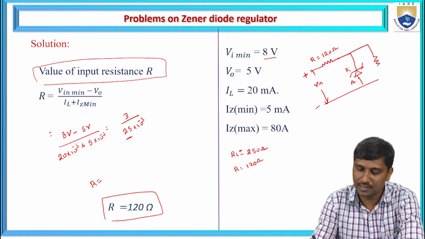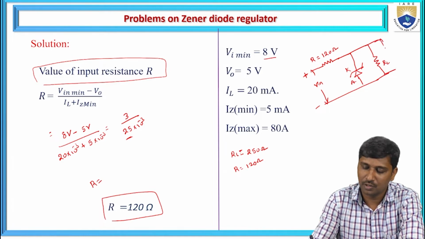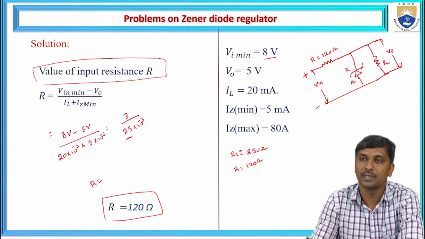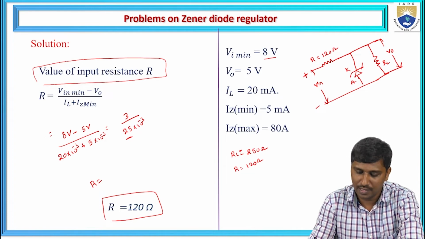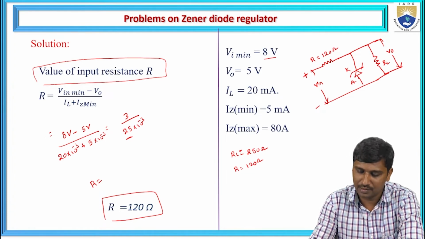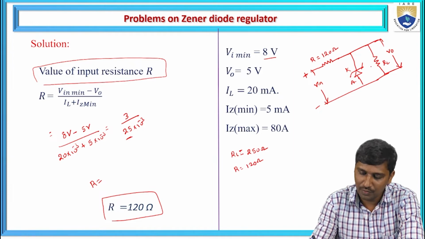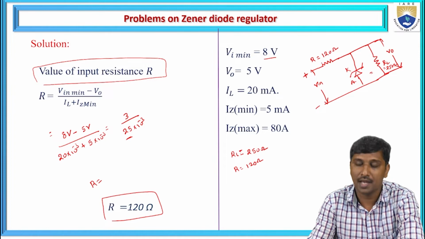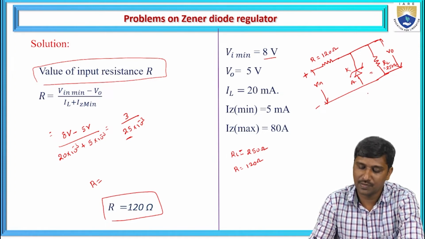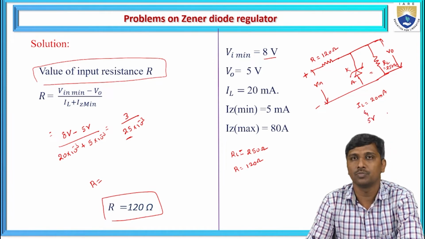And we are going to place a load resistance RL. Then output is measured across the load resistance. We observe that this RL value is 250 ohms and R is 120 ohms. Based on these given specifications, this Zener diode circuit produces 20 milliamperes and 5 volts DC output.